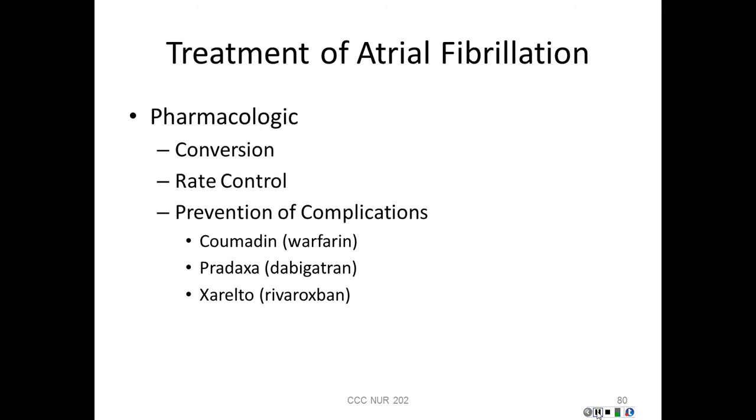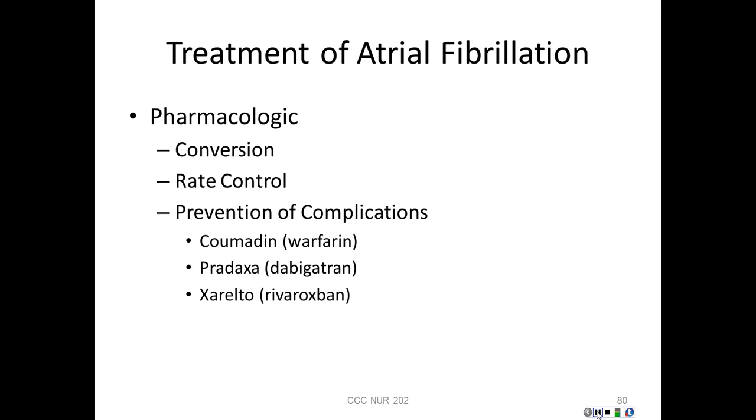Now, prevention of complications is a big problem. We talked about that one of the big problems is the blood clots forming within those atrial processes. So we want to prevent any kind of blood clots from forming. So medications to prevent blood clots are going to be given to these patients.